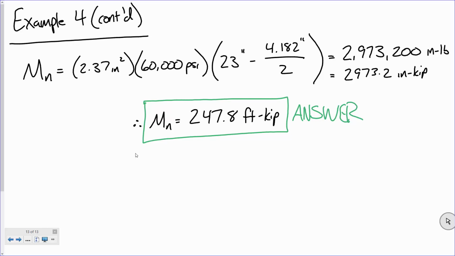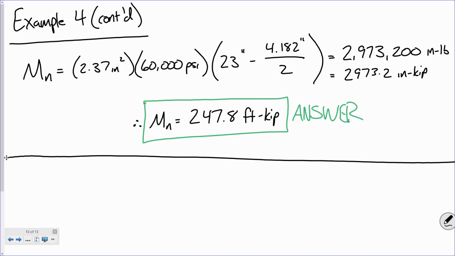Okay. Now, let's just continue with this problem, and let's look at strains. So recall for this problem, a was about 4.182 inches, right?